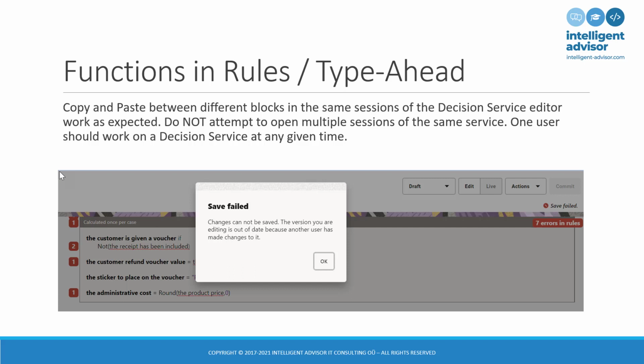As a basic rule, one user should work on a decision service at any given time, because when those saves fail, you just have to either back out of your changes and load it up again, or tell the other person to finish their work and close the editor so that you can open it. But the bottom line is you want to avoid having multiple people working on it at the same time.